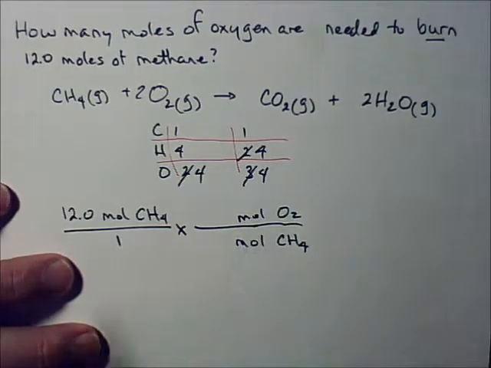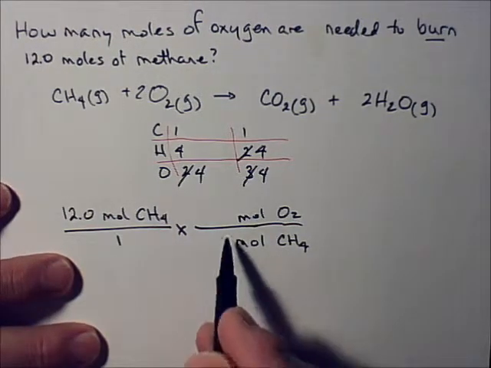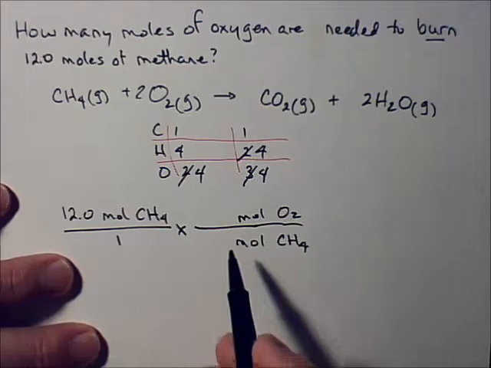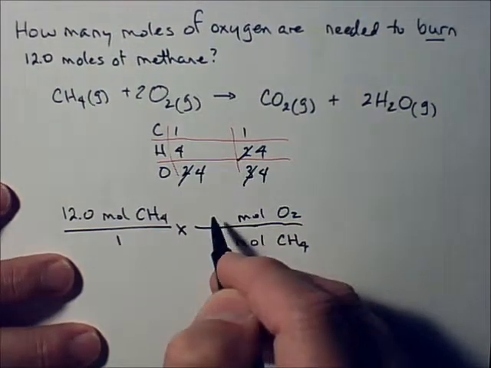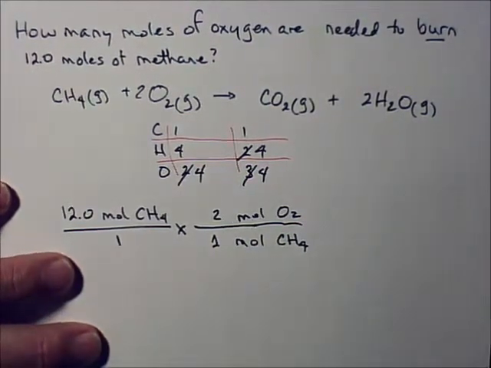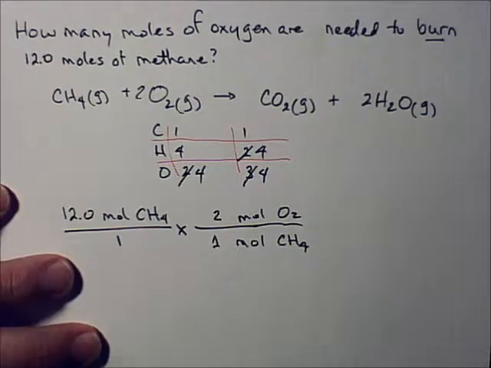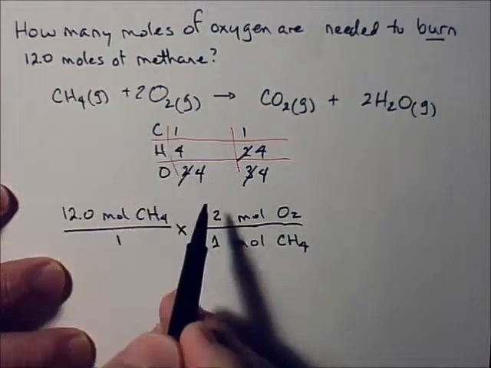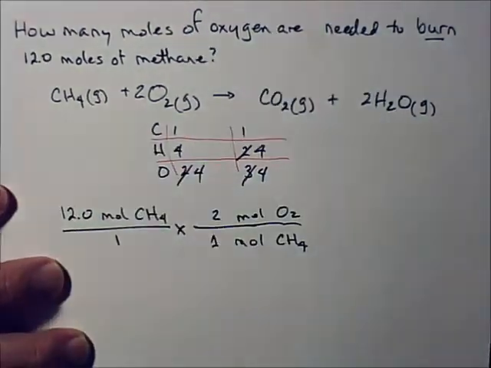So what we're going to do is just use the coefficients from the chemical equation for our numbers here. That's it. It's that simple. So what number is going to go here? 1 goes here, 2 goes there. Got it? 1 here, 1 here. 2 here, 2 here.